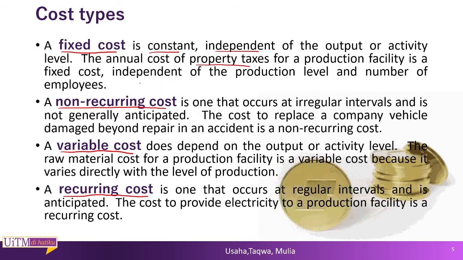The fixed cost is independent of the production level and number of employees. It means that any cost that occurs that does not depend on our production or on our output will be classified as fixed costs.